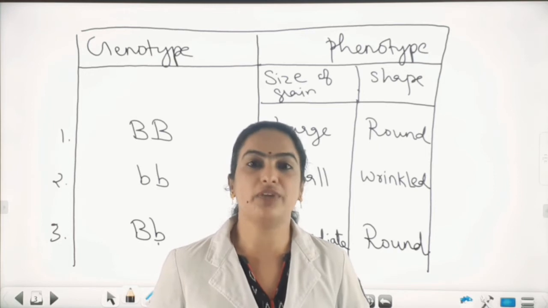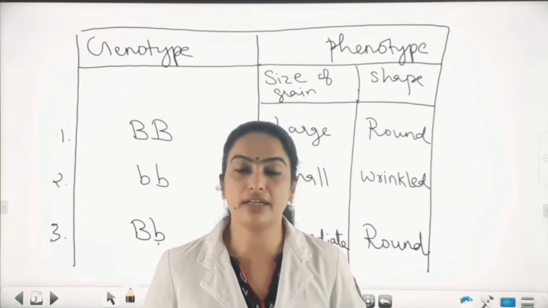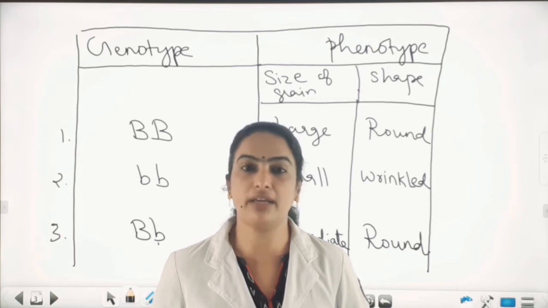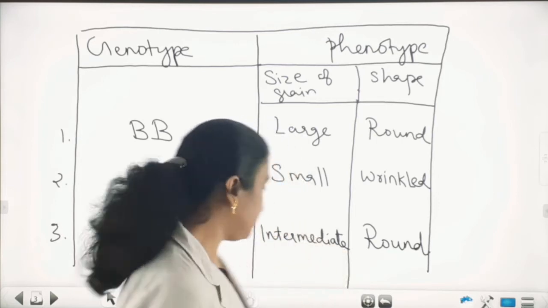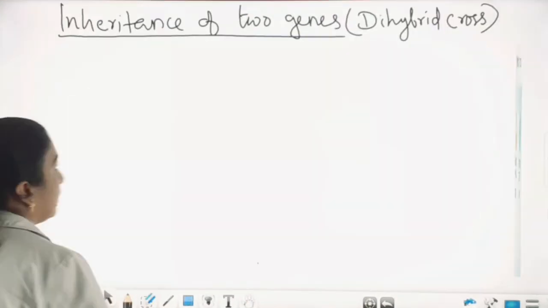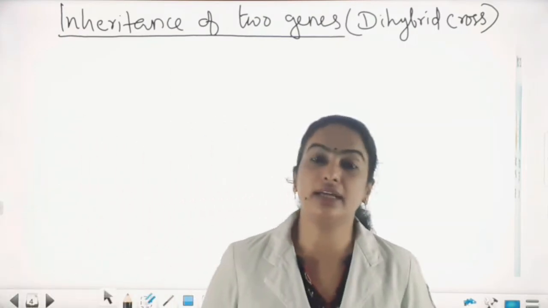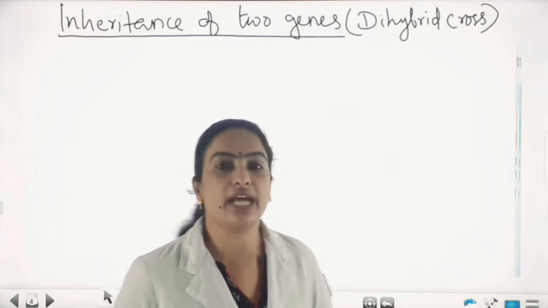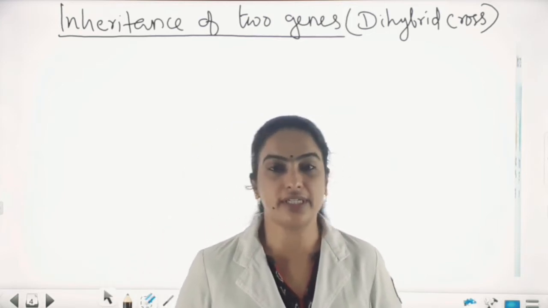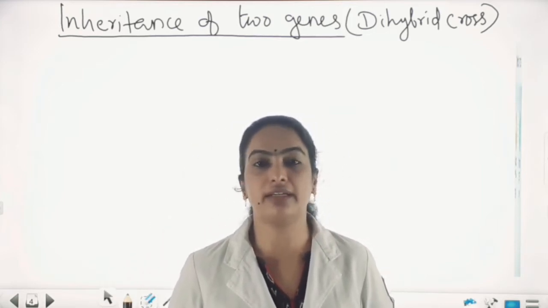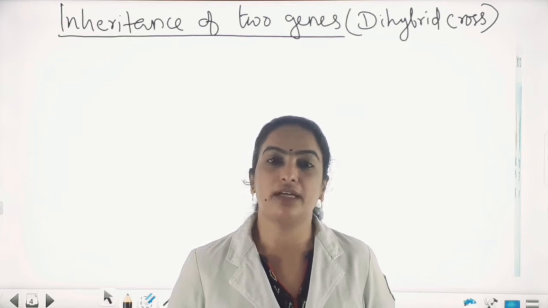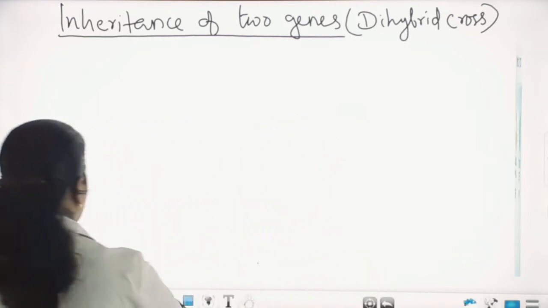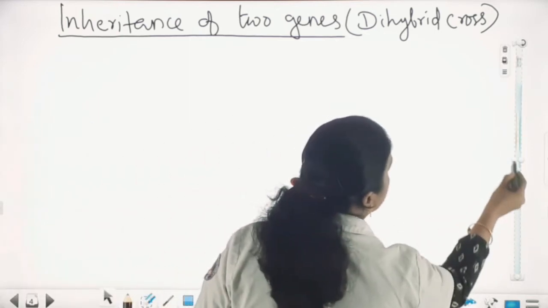Okay. Next we can see the inheritance of two genes, or dihybrid cross, by Gregor Johann Mendel. In this dihybrid cross, Mendel took two characters, and the characters were seed color and seed shape. Let's see the seed color and seed shape.